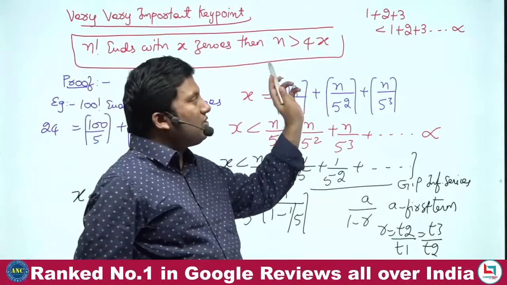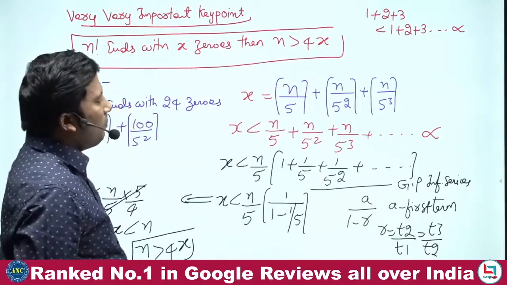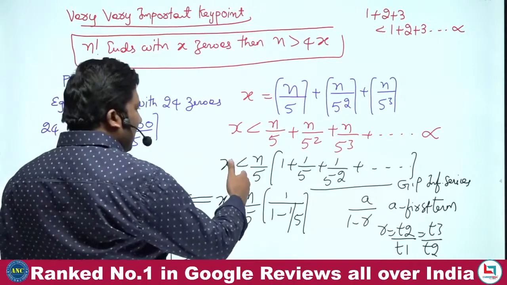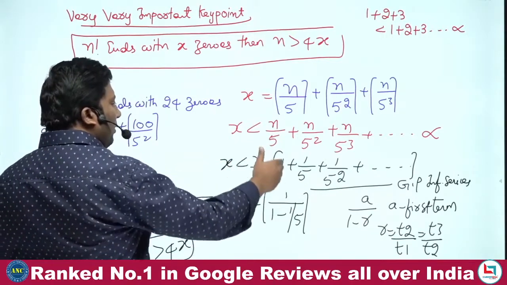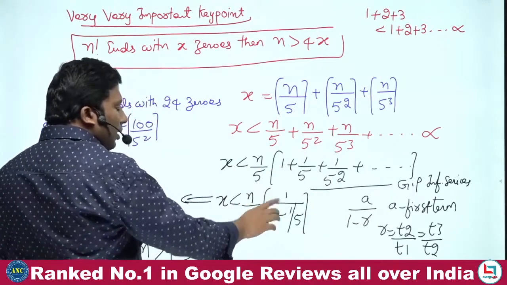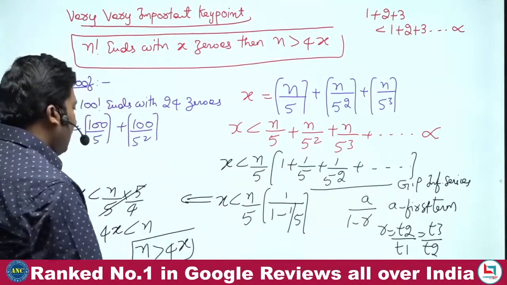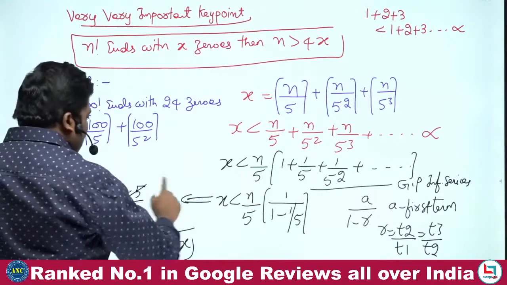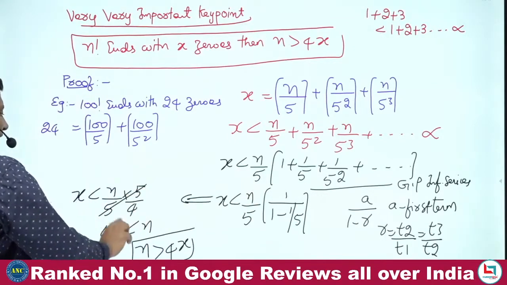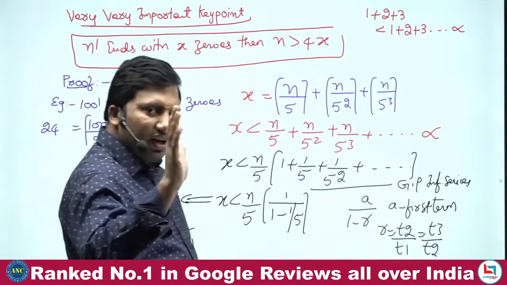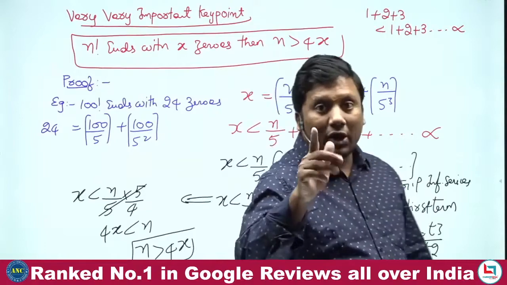X is less than n by 5 times 1 plus 1 by 5, 1 by 5 square and so on. It is a by 1 minus r, which will be 5 by 4. 5 cancels, 4x is less than n. N is greater than 4x. I hope it is clear.